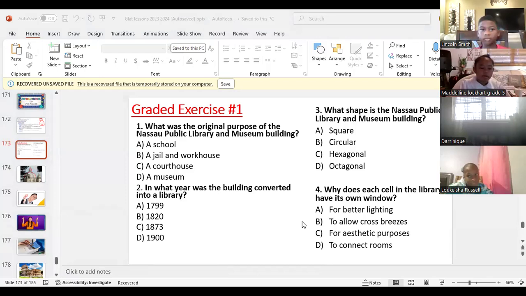Yes, sir. Okay. Madeline, your handwriting needs to be neater than that. I saw your work today, so make sure I write neat, okay? You understand me? Yes, sir. Make sure it's neat. Lincoln, you say you're number 7? Yes, sir. Okay. Darnik, you finished as well? Yes, sir. Okay.